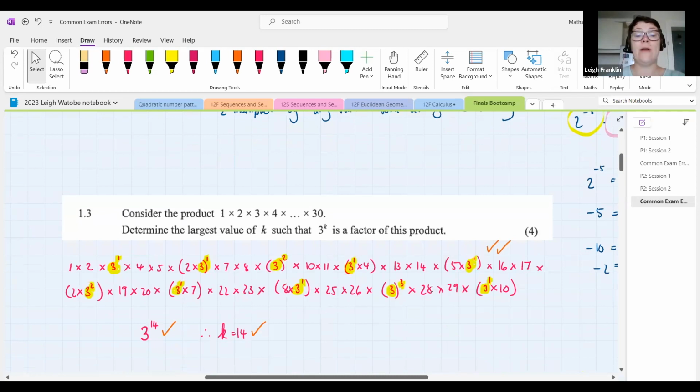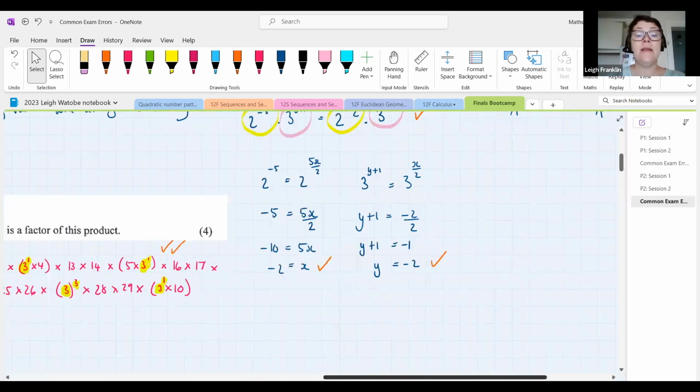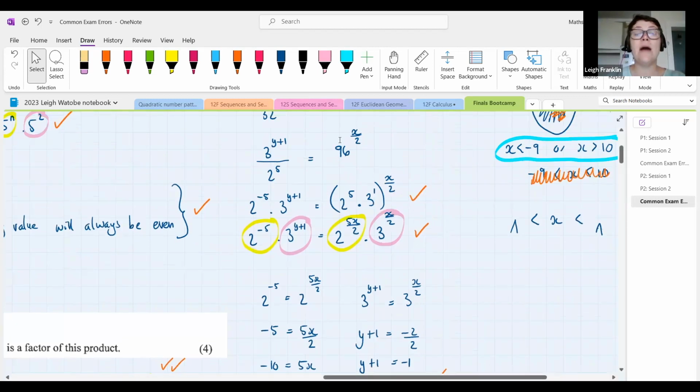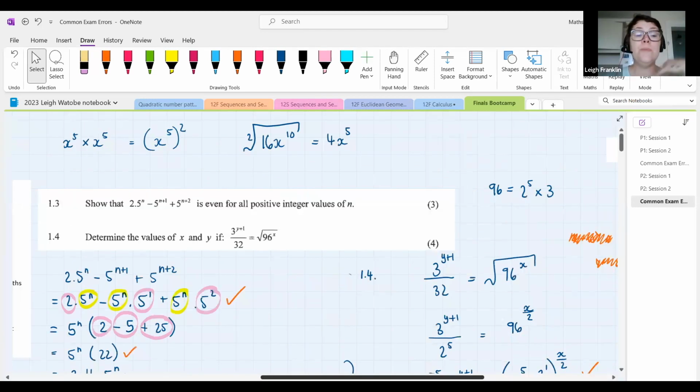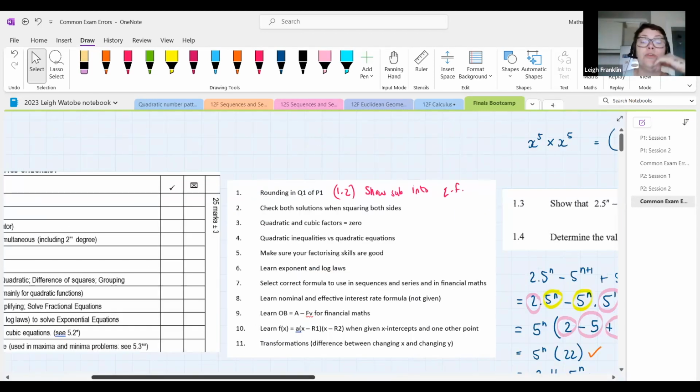Here, this was all factorizing, wasn't it? Where we were writing down this product from 1 through to 30. Then in this question over here, we factorized 96. Here we factorized a trinomial. So you've got to be able to factorize in order to do well in paper 1 and in paper 2. These are very important skills.